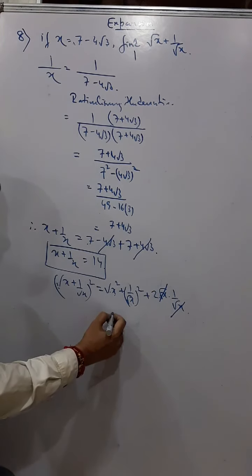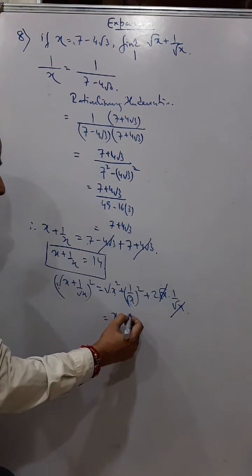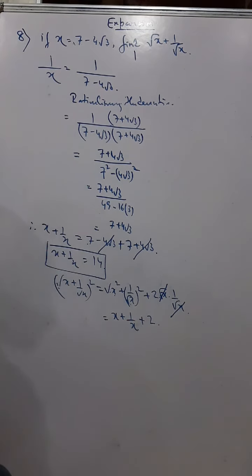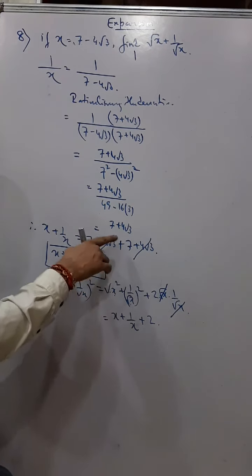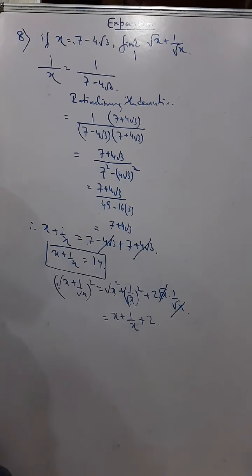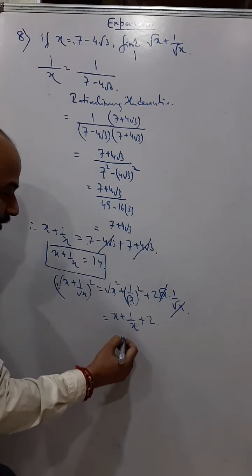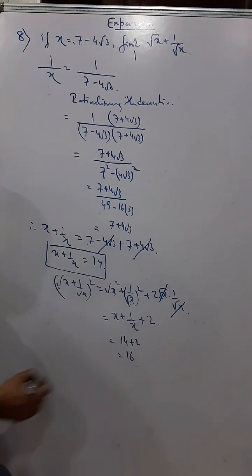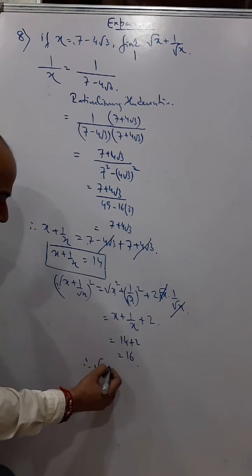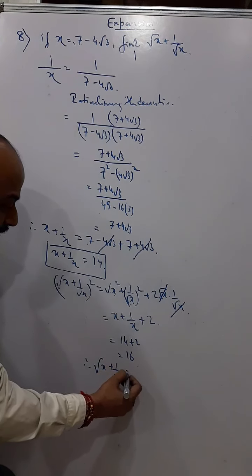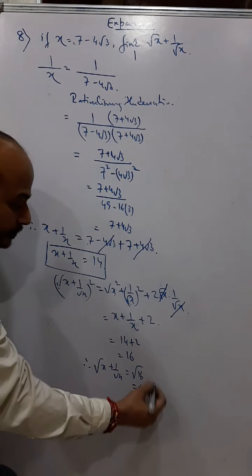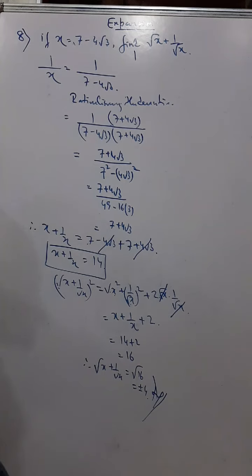Root over x square means x. 1 by root over x square means 1 by x, and plus 2, and then x plus 1 by x I already got 14. I got 14 plus 2, and then root over x plus 1 by root over x is equal to root over 16, equal to plus minus 4. Understand?